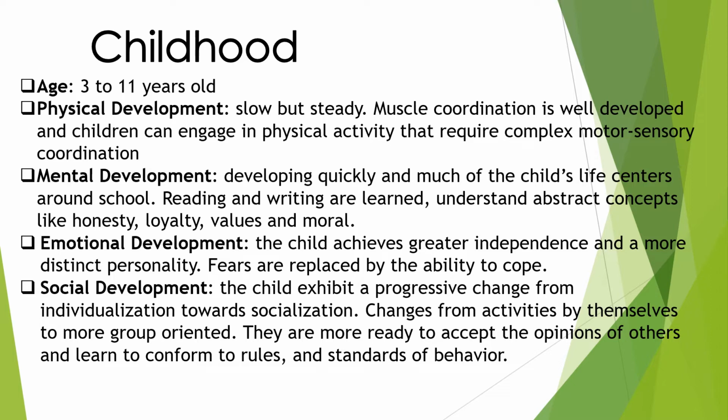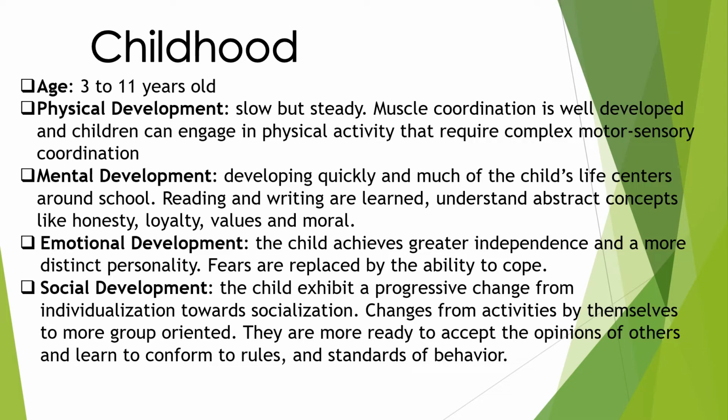During the childhood stage, their physical development is slow but steady. Their muscle coordination is well developed, and children can engage in physical activity that requires complex motor sensory coordination. Their appearance becomes more slender and proportions more adult-like.